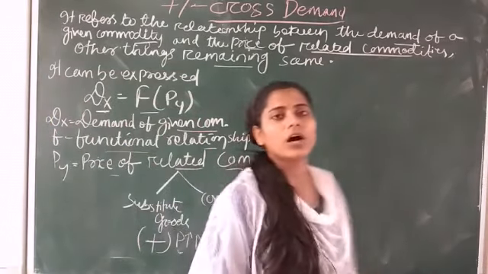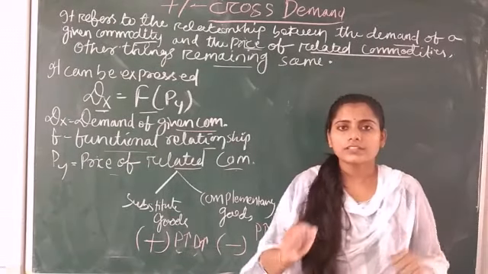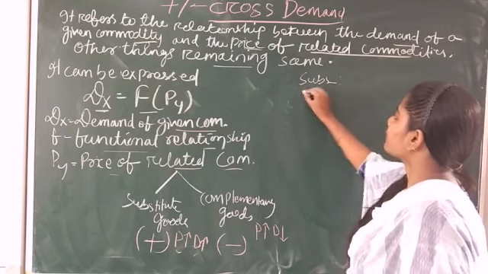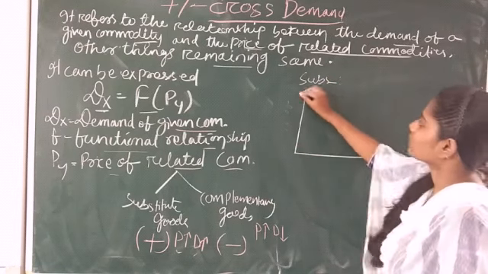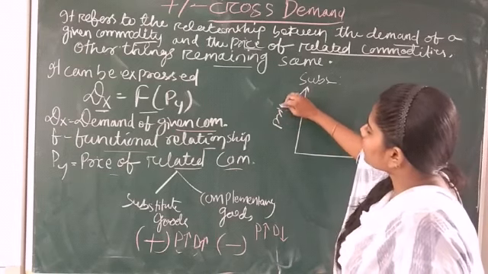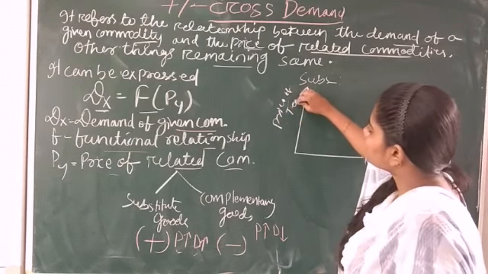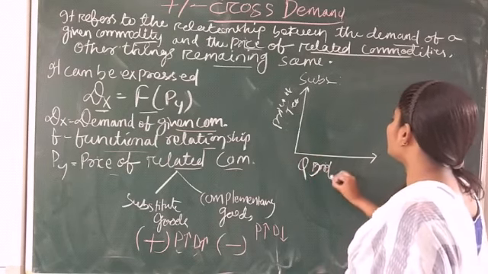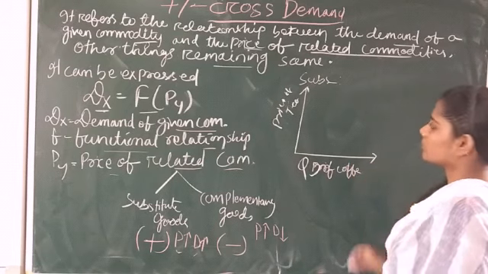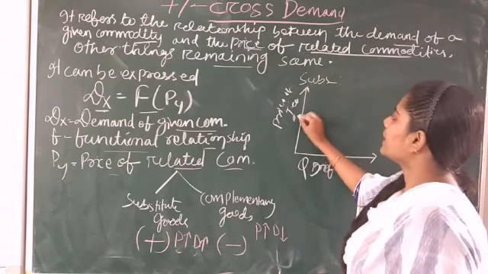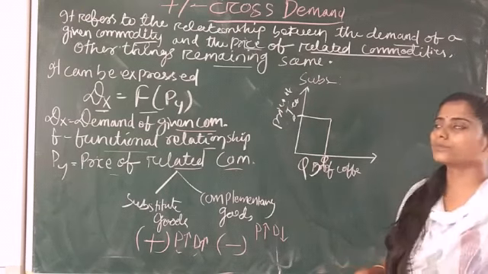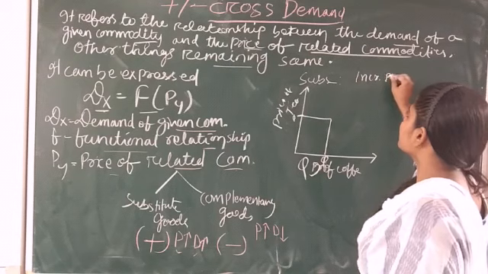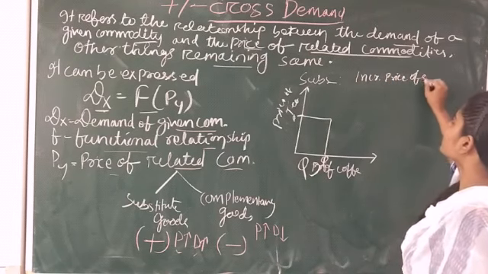This can be explained through a diagram as follows. The diagram of substitute goods is like that. This is price of tea and this is quantity demanded of coffee. So when the price is P, then quantity demanded is Q. Here we discuss the increase in price of substitute goods.